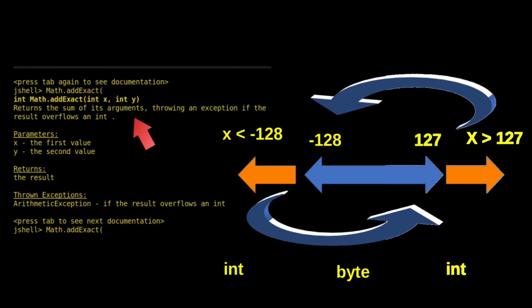So if you look at the figure here, when the value is bigger than a byte, and we're passing a byte to an int, it will never wrap around, because it's converted to an int, and an int is much bigger than your byte value, so it won't throw an overflow on a byte overflow.